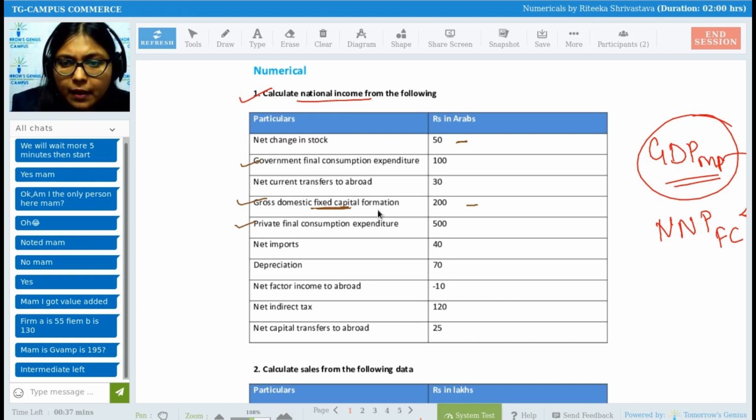200 plus 50. Now see, net change in stock is given. So net change in stock, you might assume there is a fall in stock and take it as minus 50. No, fine. Net change in stock is considered as it is. Just keep it 50.